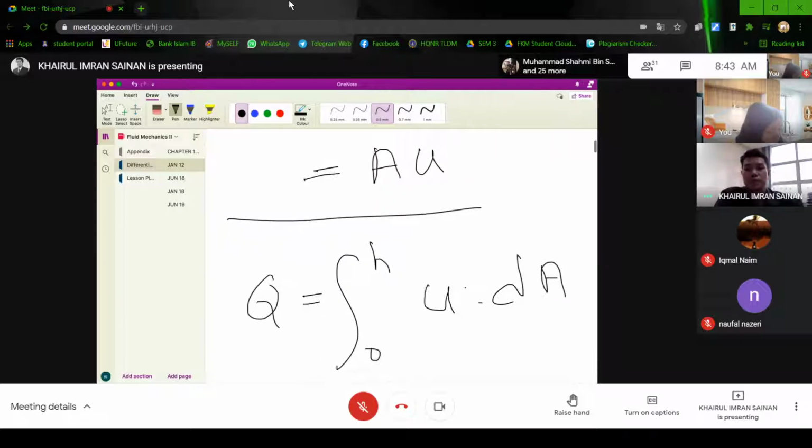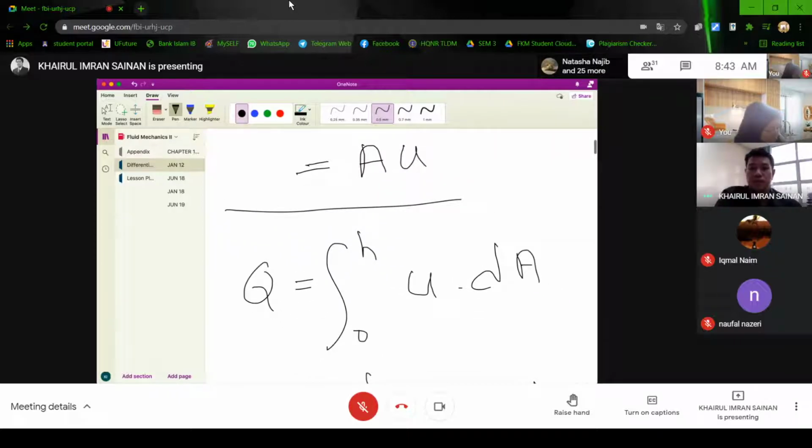The area is actually something we need to analyze in terms of differential. So Q equals to the integral from 0 to H, not directly H, of U multiplied with dA, the change of area.